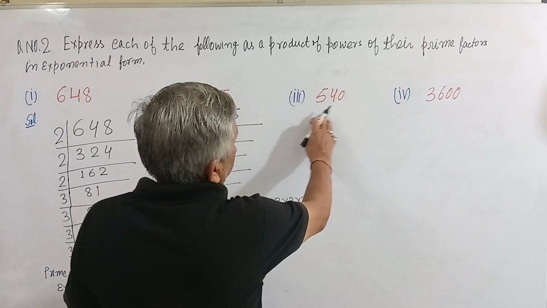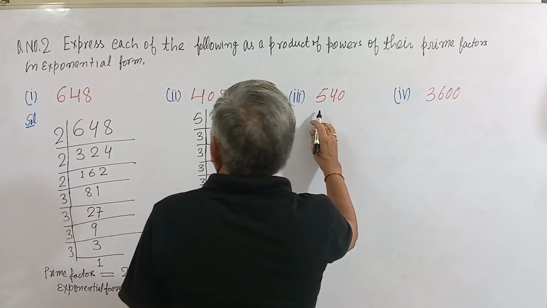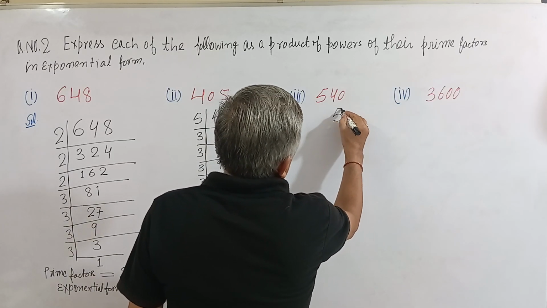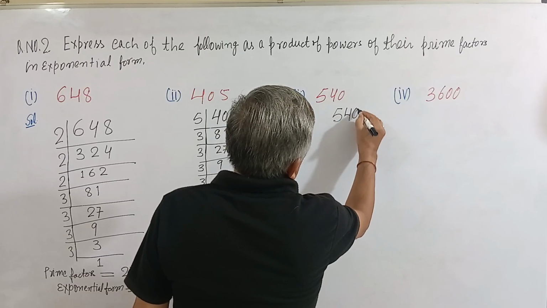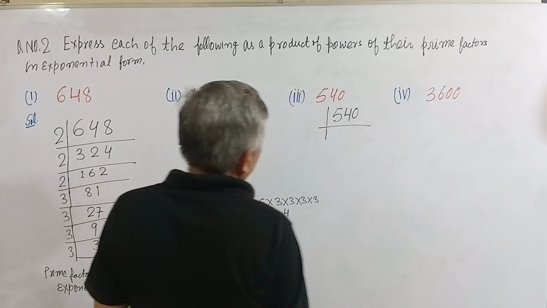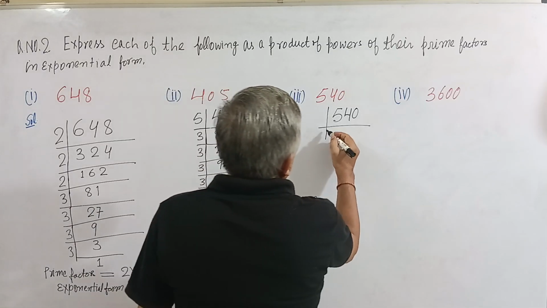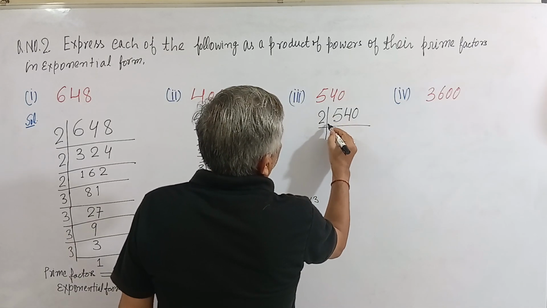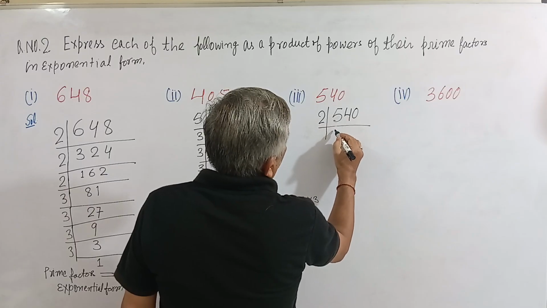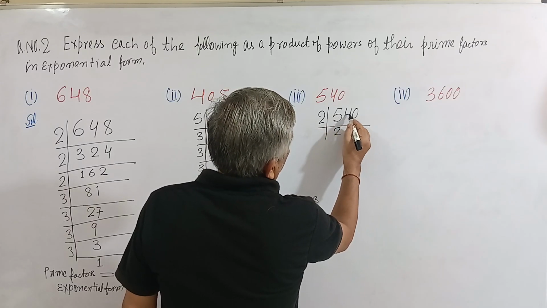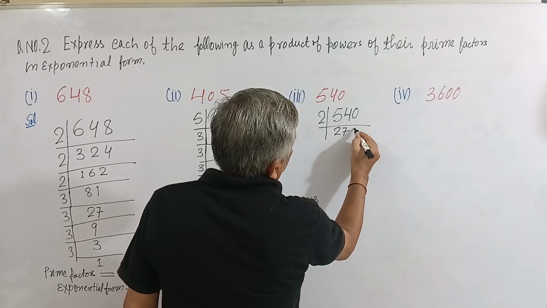Now I will solve the same question number 2, part third, that is 540. We will take out the prime factors. So prime factors for this will become, we will divide with 2, 2 2 ja 4, 10, 1 means 14, 2 7 ja 14.